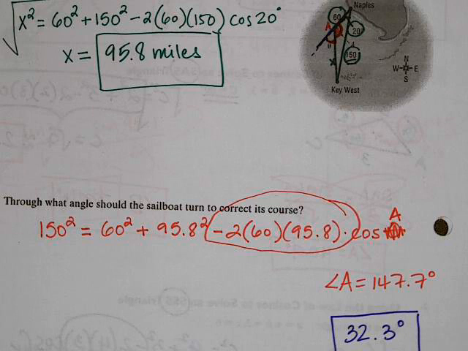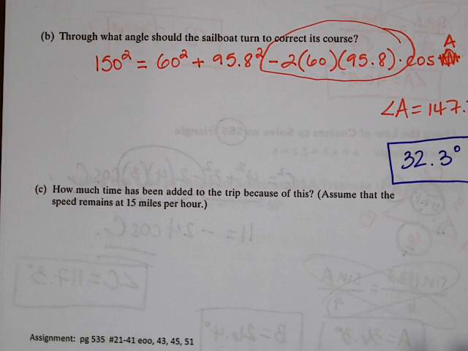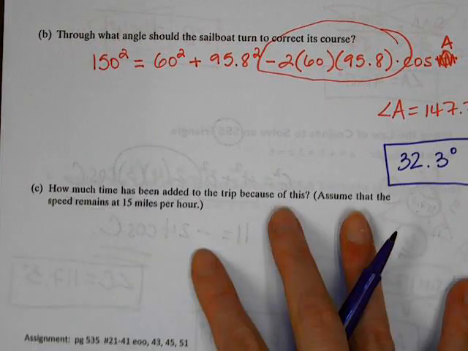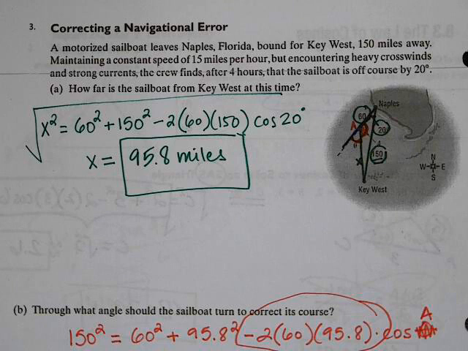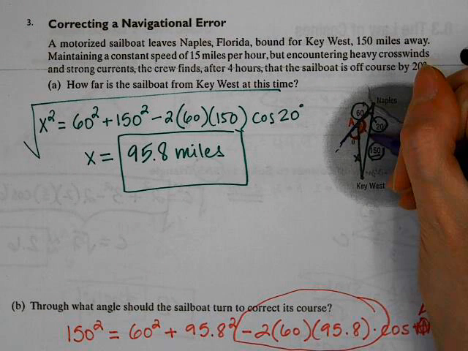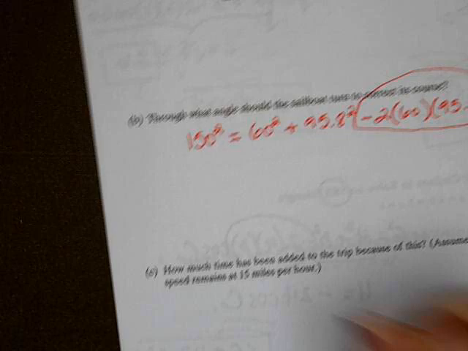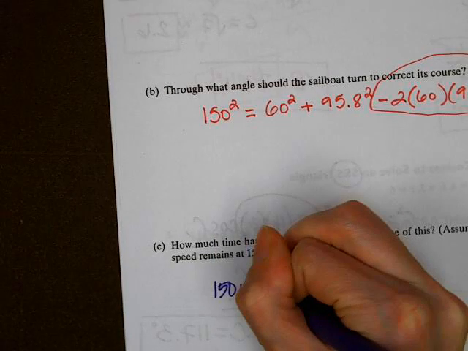And then C, how much time has been added to the trip because of this getting off track? Assume the speed remains 15 miles per hour. So how many extra miles did they travel? If they would have gone straight there, it would have been 150 miles.